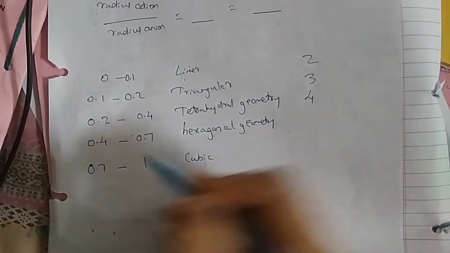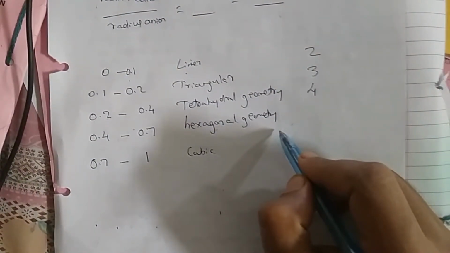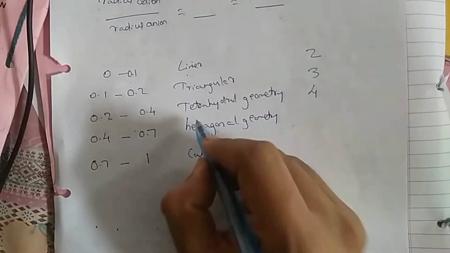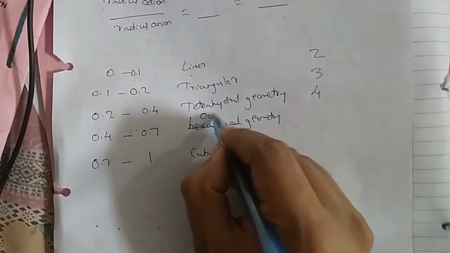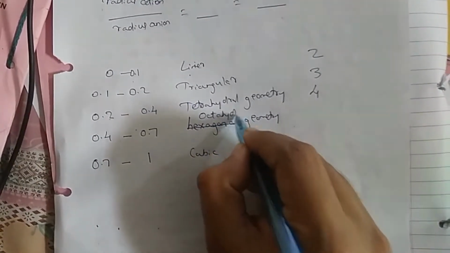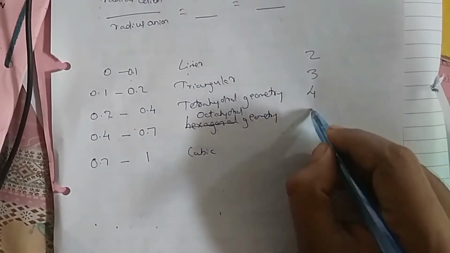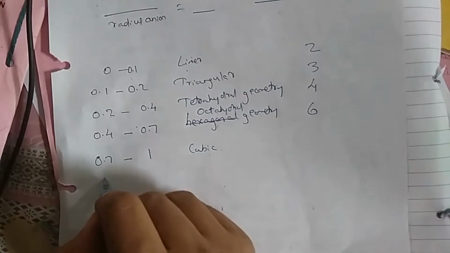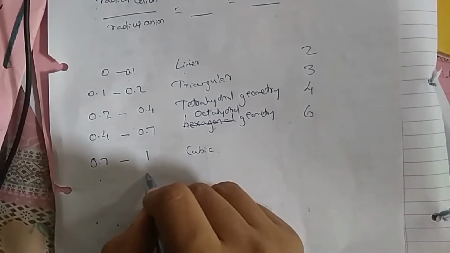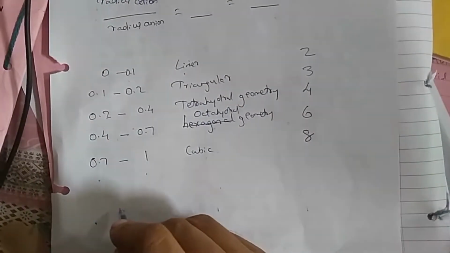For 0.4 to 0.7, it is hexagonal geometry, or we can say octahedral geometry, and its coordination number will be 6. For 0.7 to 1, it is cubic geometry and its coordination number will be 8. So let's see its examples.